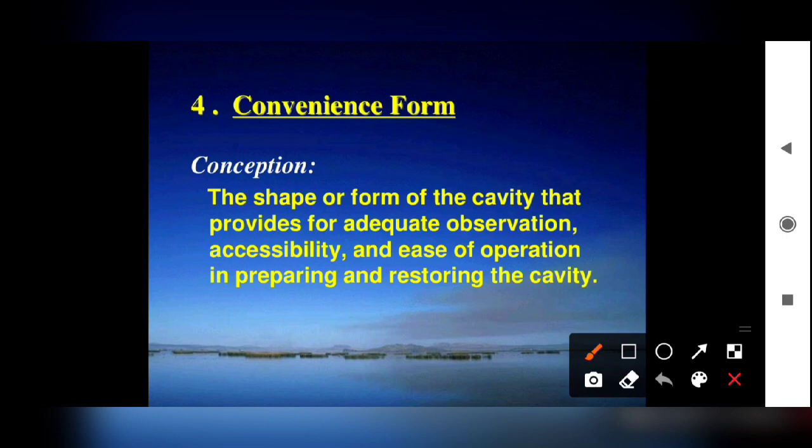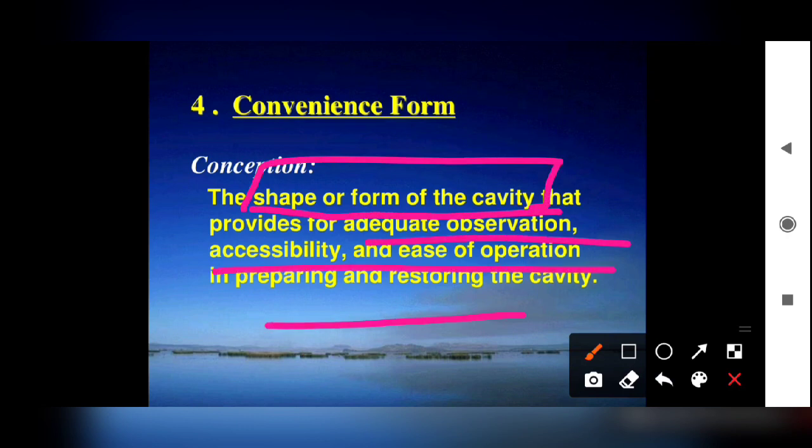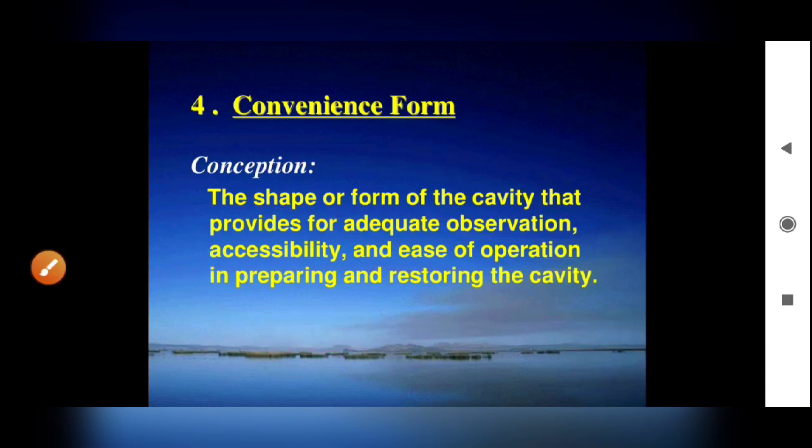After this, another step is convenience form. What is meant by convenience form? The shape or form of the cavity that provides for adequate observation, accessibility and ease of operation in preparing and restoring the cavity. So it would help in ease of operation and restoring the cavity.